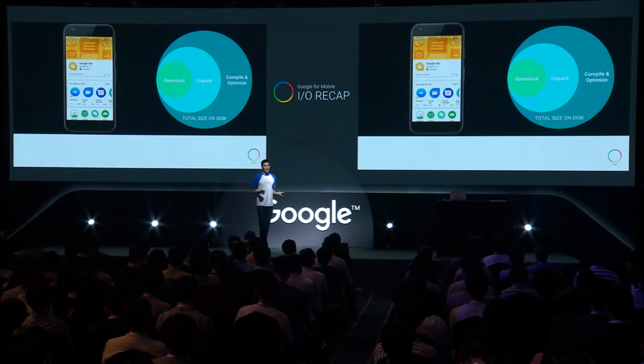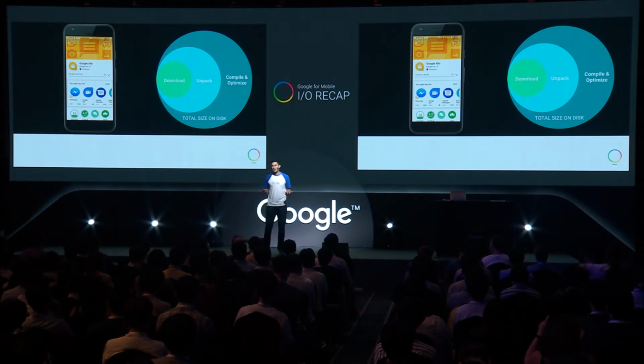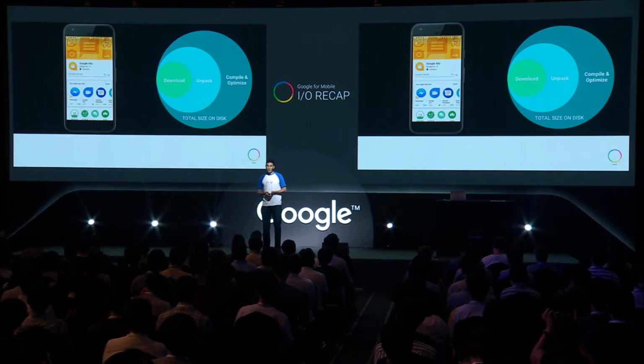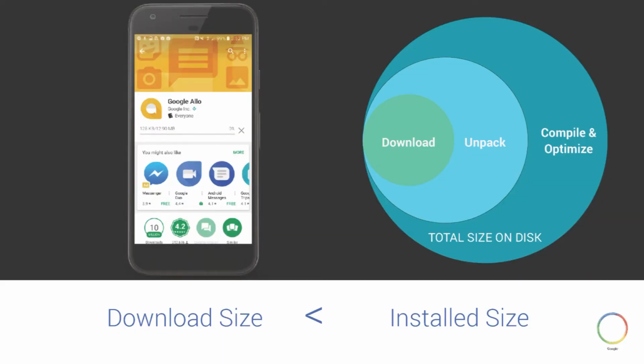Now, all this final size adds up to the total size on disk that ends up being stored on the user's device. So that's the second size I wanted to get you thinking about, the total size on disk. And of course, that installed size will always be much larger than the download size, which has been highly compressed.